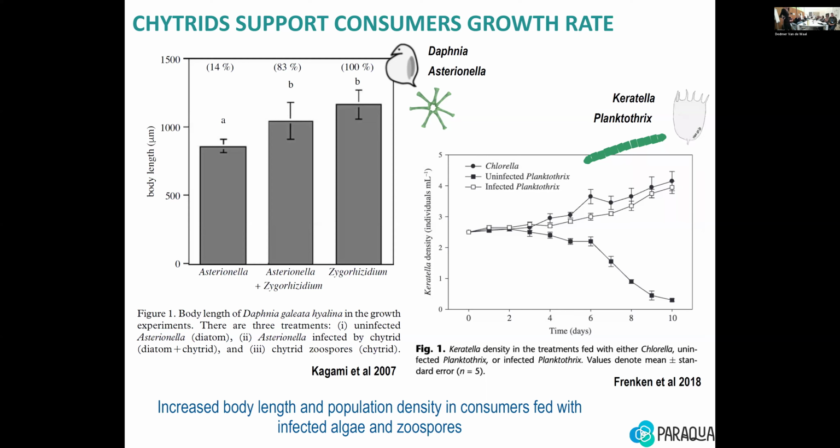The first evidence was that consumers can grow when fed with infected host, and here it was only the zoospore. And the same with infected Planktothrix, and not only zoospore.